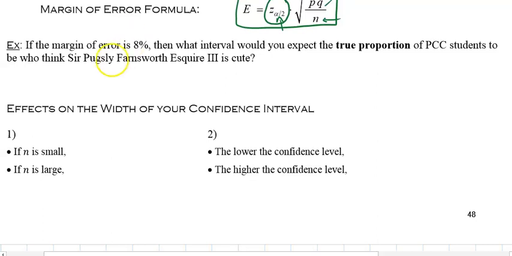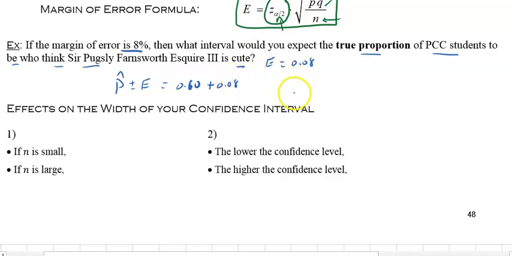So, if the margin of error is 8%, then what interval would you expect the true proportion of all PCC students to be who think Sir Bugsley is cute? Well, if the error is 8%, I'll take the point estimate, 0.60 or 60%, plus or minus 0.08.